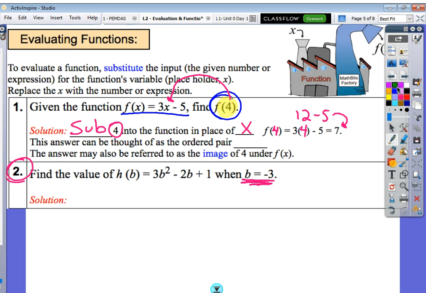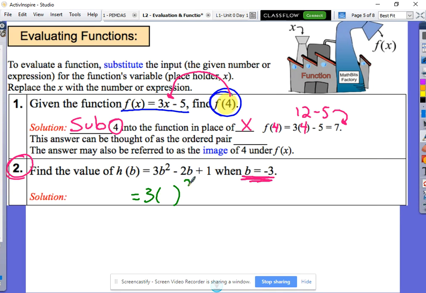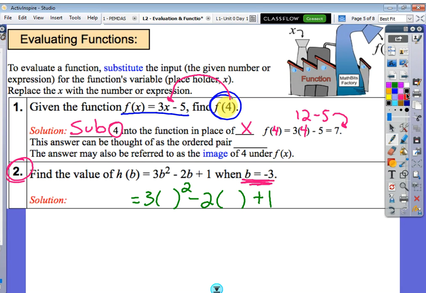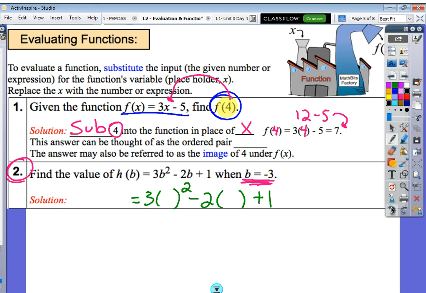All right, so if we plug that in, this would be 3, parentheses something squared minus 2 times something plus 1. So notice how I've written out the entire function right here, just no b values though. I've left a blank or parentheses everywhere where there was a b value.